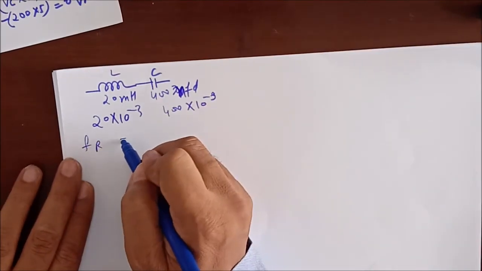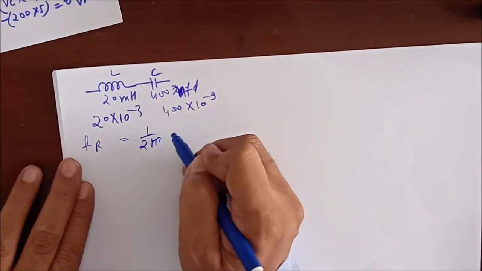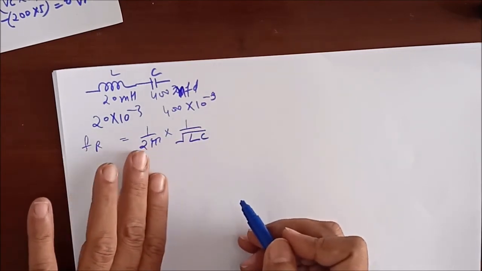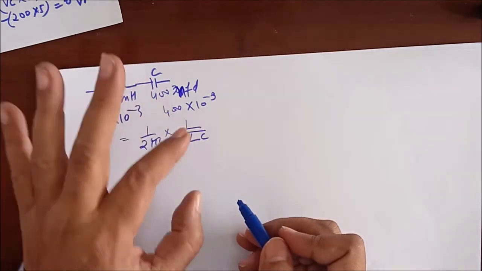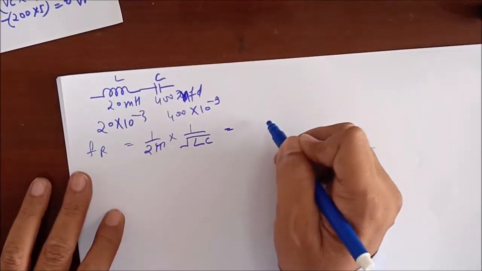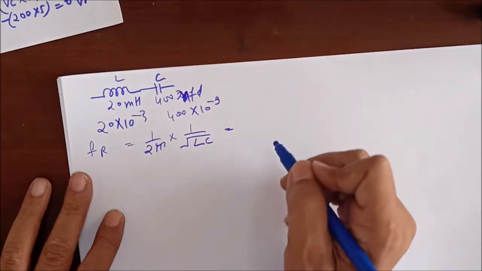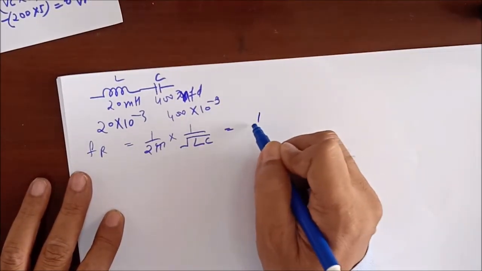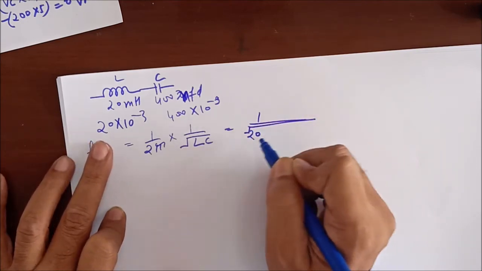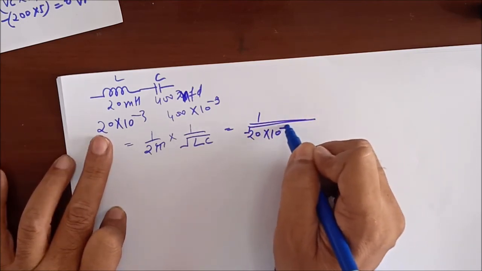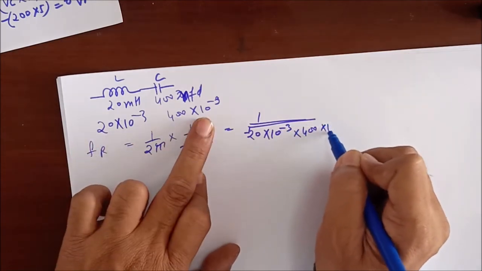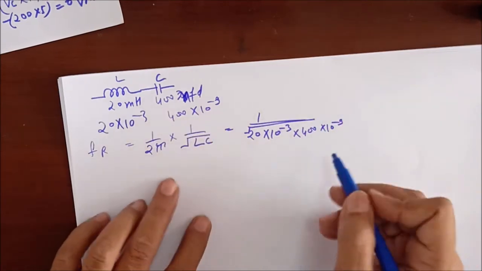Frequency at resonance is equal to 1 by 2 pi into 1 by root LC. I am just breaking this one so that I can solve this part first, as required. So this one is equal to 2 pi, I will add later, 1 by root 20, this is a simple value, into 10 to the power minus 3 into 400 into 10 to the power minus 9.